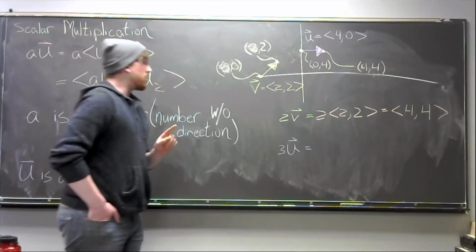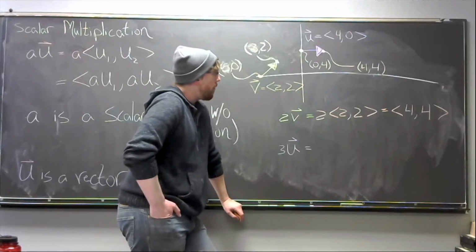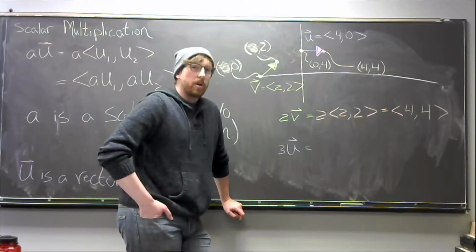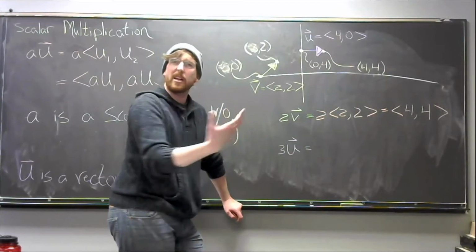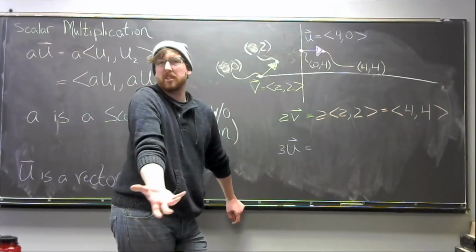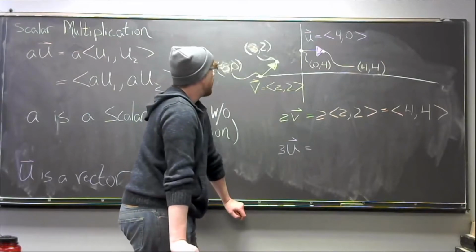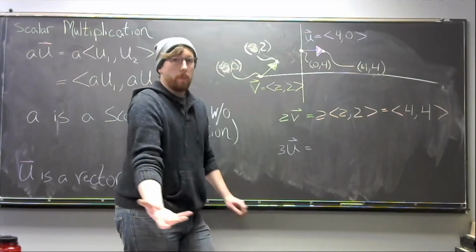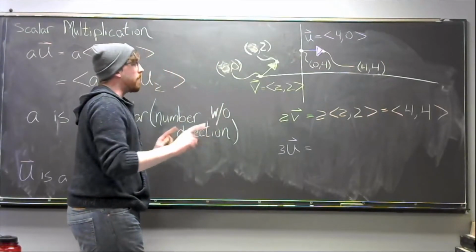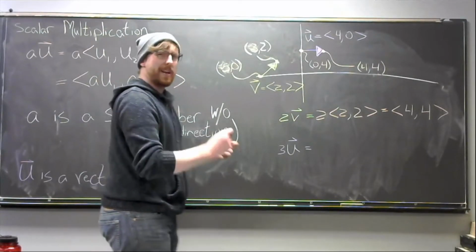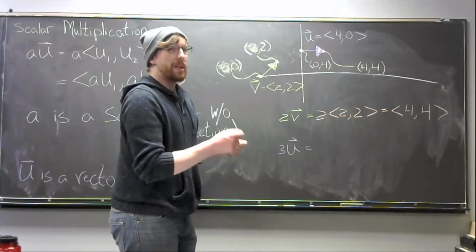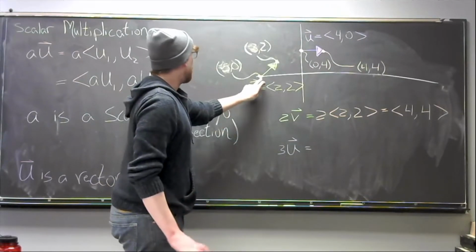Now let's take a moment to think about this. What we've just done is stretched our vector by 2, right? Logically, that's what it seems like we should be saying. So let's see if it's true. We want to take a vector 4, 4 and put its tail at the same spot as our original vector v.